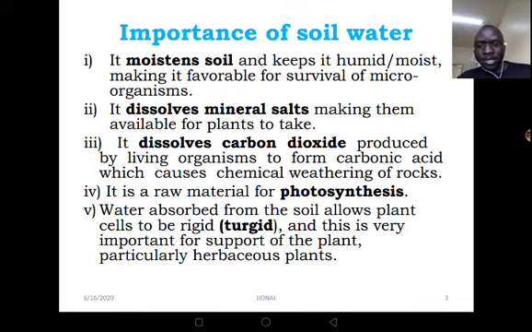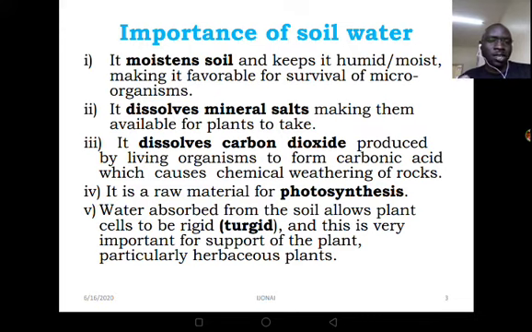Great. And then water also dissolves carbon dioxide, which is produced by living organisms that are found in the soil. Remember, these living organisms carry out a process of respiration, and the byproduct of respiration is carbon dioxide.